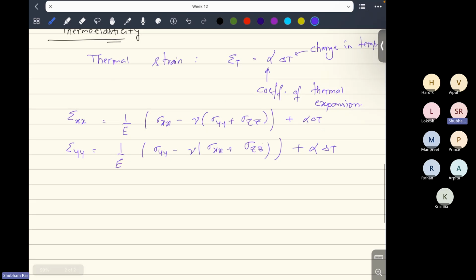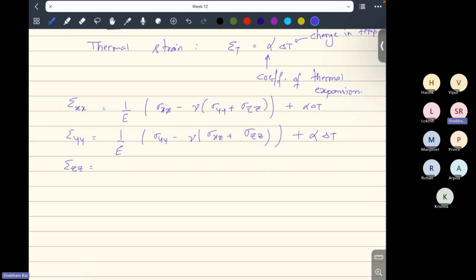And then you have epsilon zz, then 1 over E times sigma zz minus nu times (sigma xx plus sigma yy), plus alpha delta T. So finally you have these strains considering the effect of thermoelasticity.